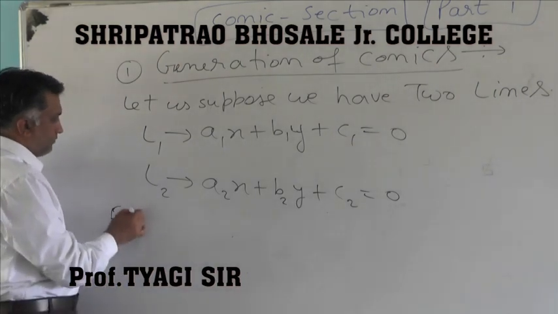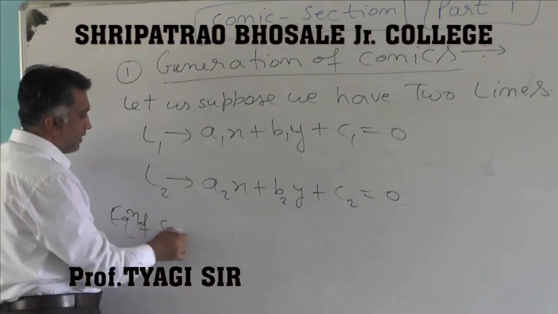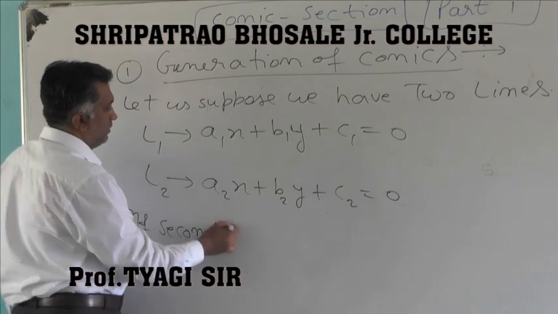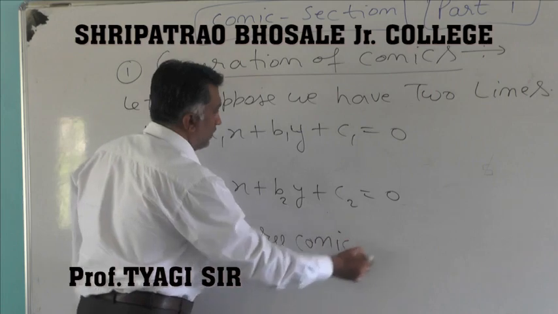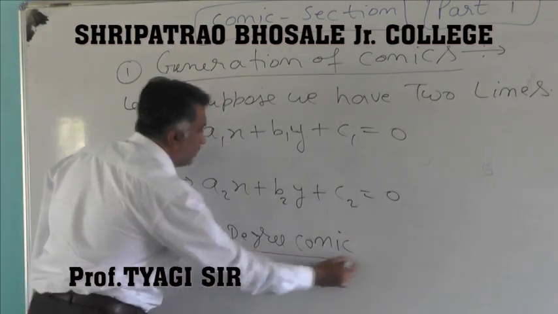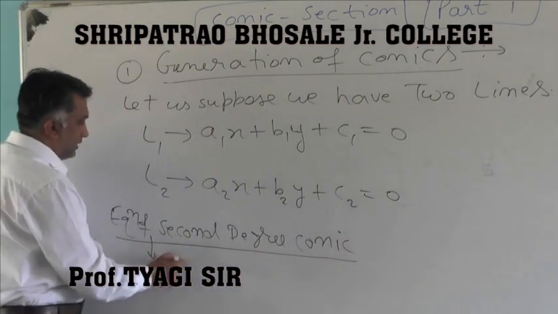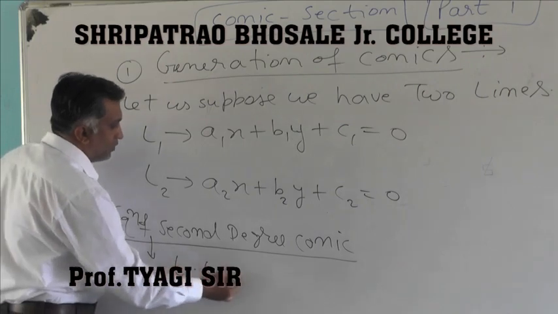The equation of a second degree conic is L1 into L2 equal to 0.